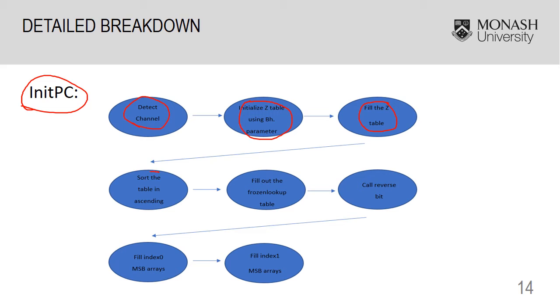Then it will sort the Z table in ascending order. Then it will call PCC, which is the frozen lookup table initializer, to fill out the frozen lookup table. After that, it will call reverse bit to detect how many zeros or how many ones from the most significant bit.